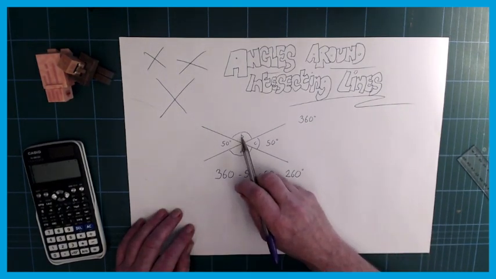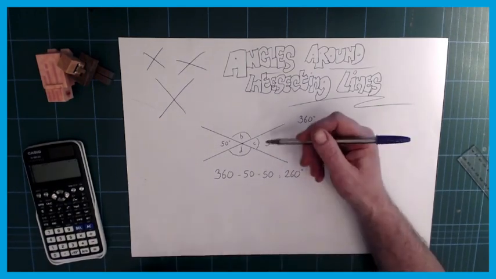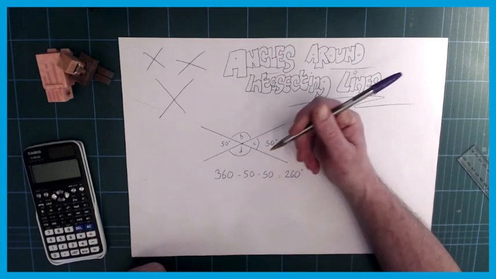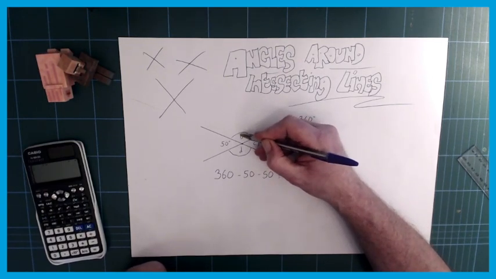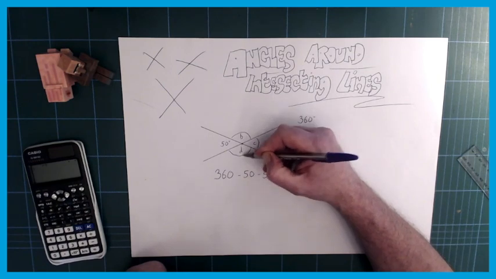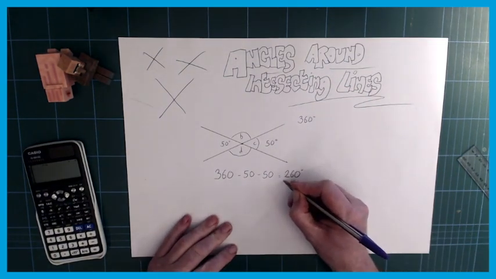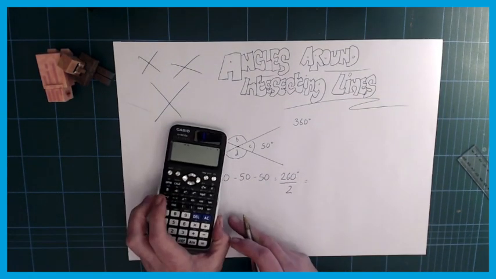So if we want to work out each of the other angles, we have to think about it for a second. And then you realise, actually, these are opposite angles as well, so they're going to be the same. So all we need to do is divide it by 2. We need to split it in half to get the equal ones. So we do 260 divide by 2. You can use a calculator if you want to.